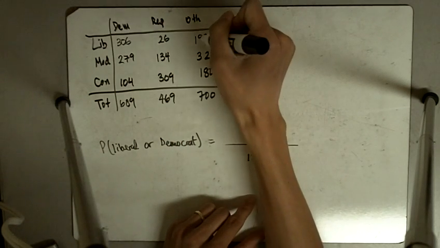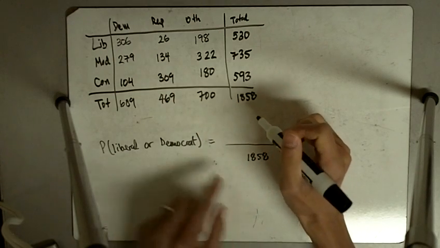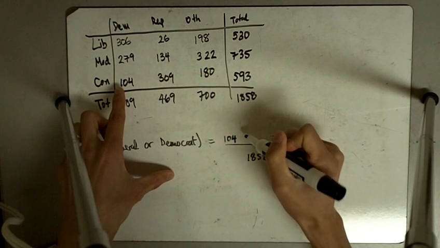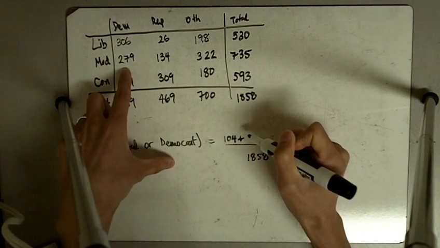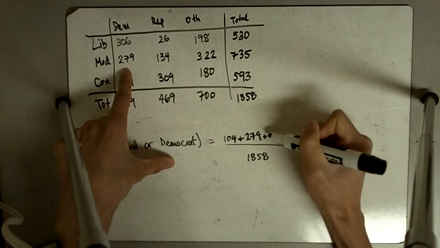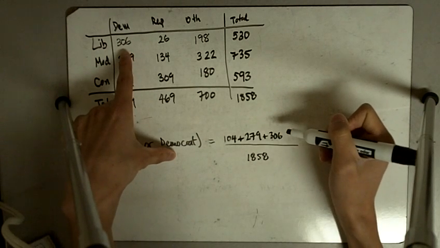But I'm going to add up all of these numbers. There's 5 different groups. We've got 104 Democrats who are conservative, plus 279 Democrats who are moderate, plus 306 Democrats who are liberal.